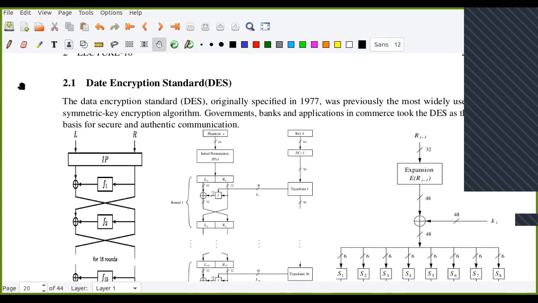The size of X is 64, and after permutation it is again 64 only, but now the order is changed. Now the 64 bits are divided into two parts, 32 and 32, left and right.